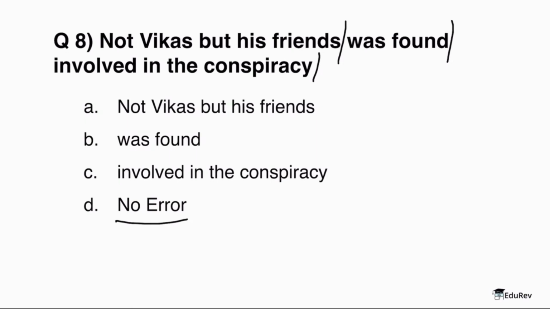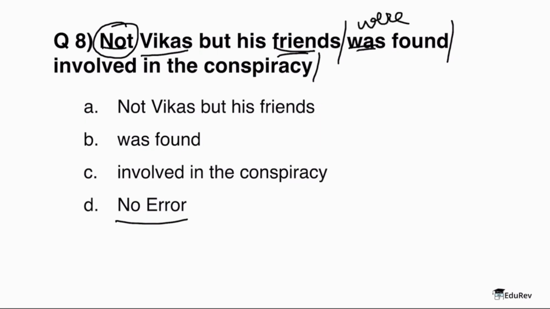If two subjects are joined by "not" or "not but", the verb is kept according to the subject. As you see, there are two subjects here, Vikas and his friends. The verb is kept according to the subject with which "not" has not been used. So the verb should be "were" instead of "was". Why?